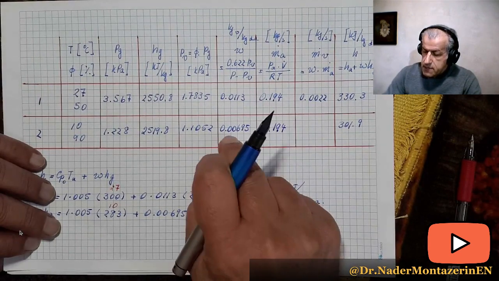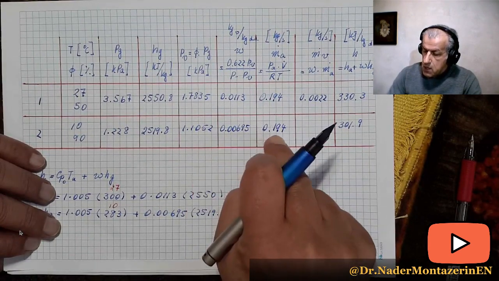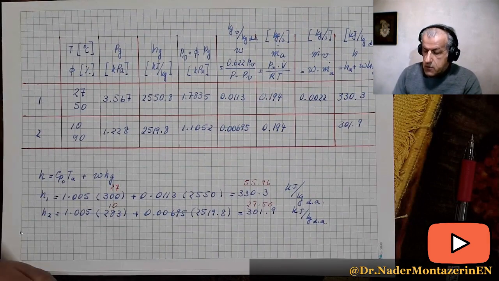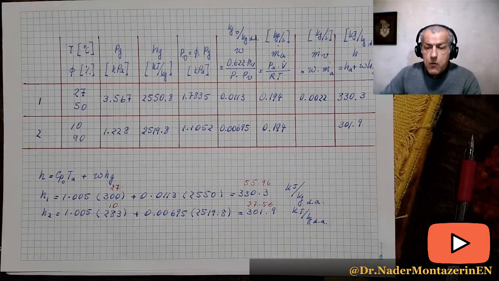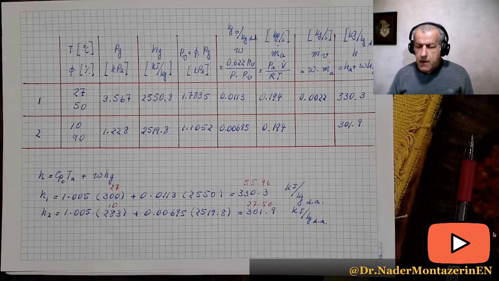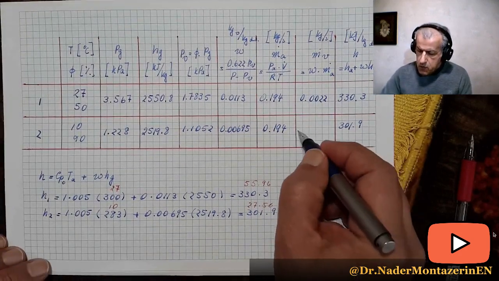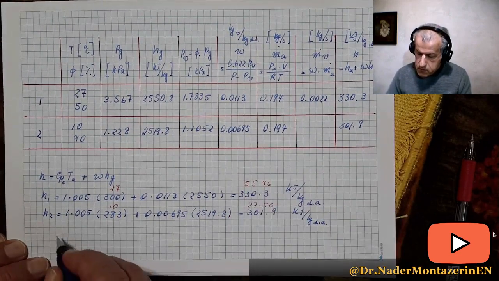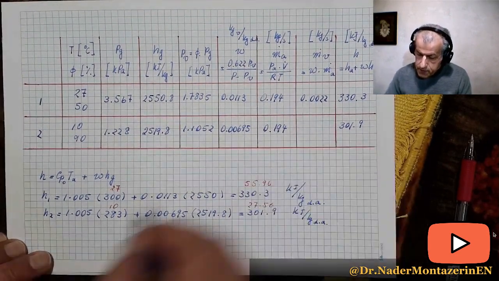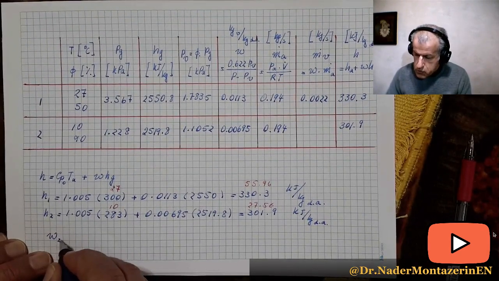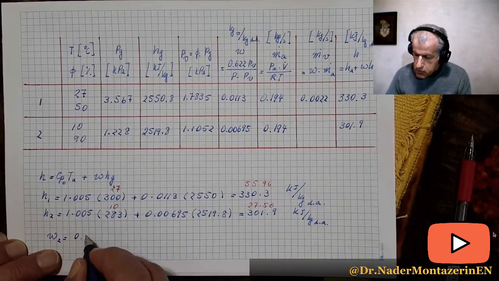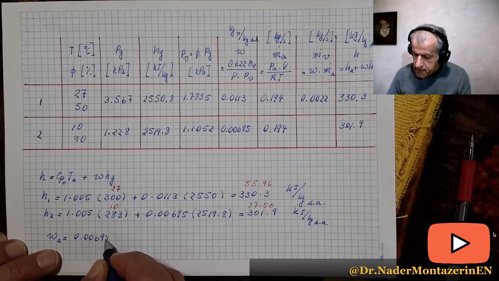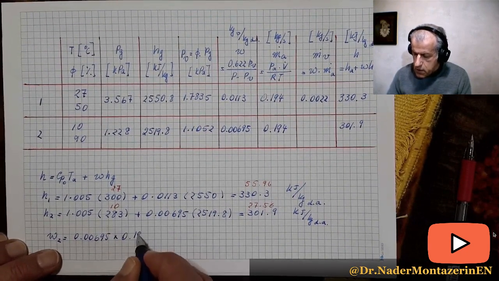0.194. And since we have W, we could multiply it by 0.194 and calculate the mass flow rate of the vapor. And the vapor mass flow rate here would be just the product of these two values, and I will just write it here. W2 equals 0.00695 times 0.194.